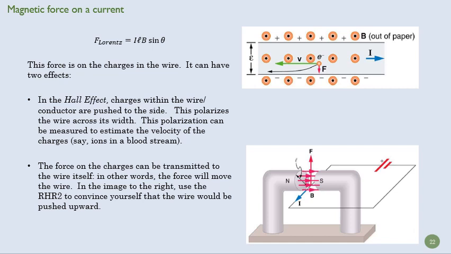Also, the forces on the charges can be transmitted to the wire itself. So if you don't have space to move those electrons, then the electrons will actually just move the wire. And so in this image, we can figure out by the right-hand rule that the wire would be pushed upward. So, do this. I'm watching you.